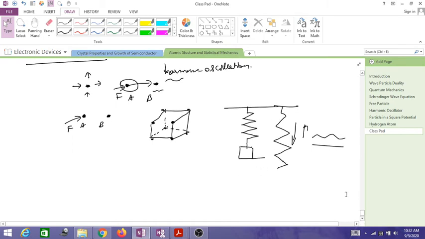Okay. Now let us consider a particle of mass m which executes simple harmonic motion along the x-axis.